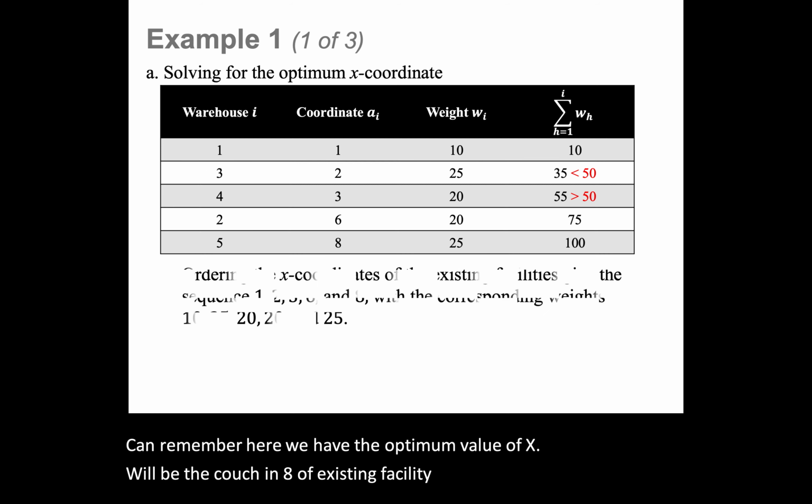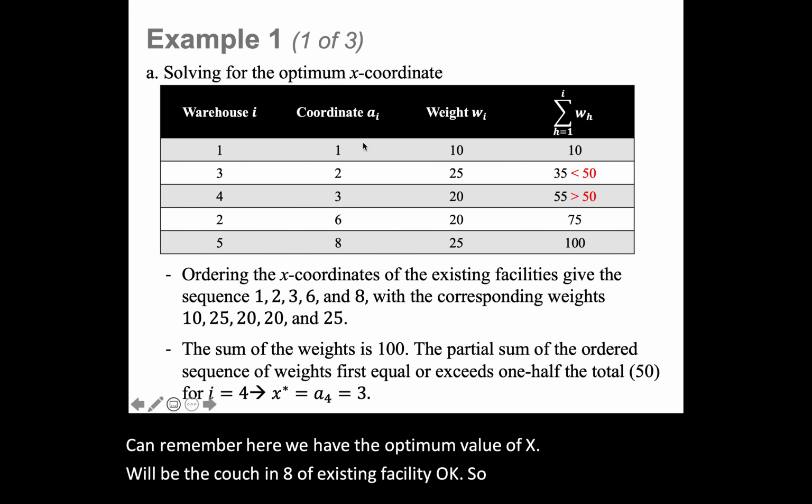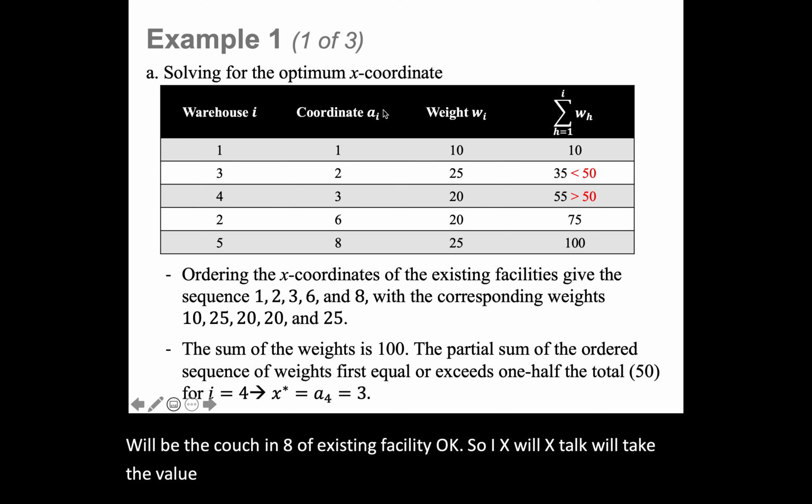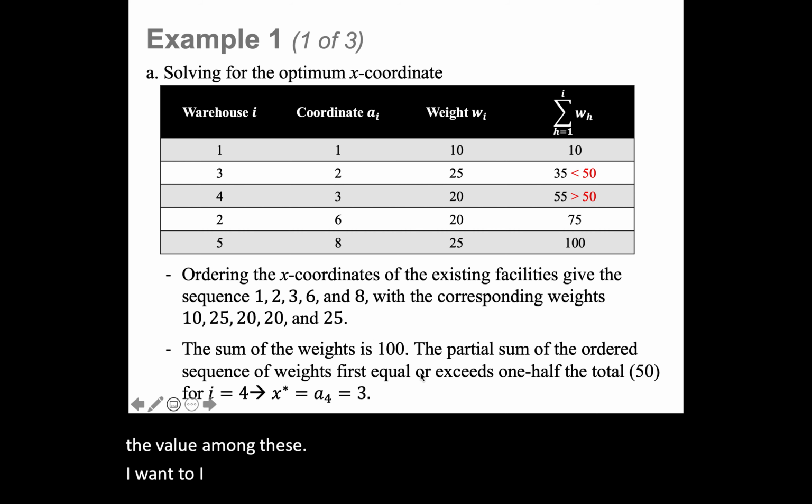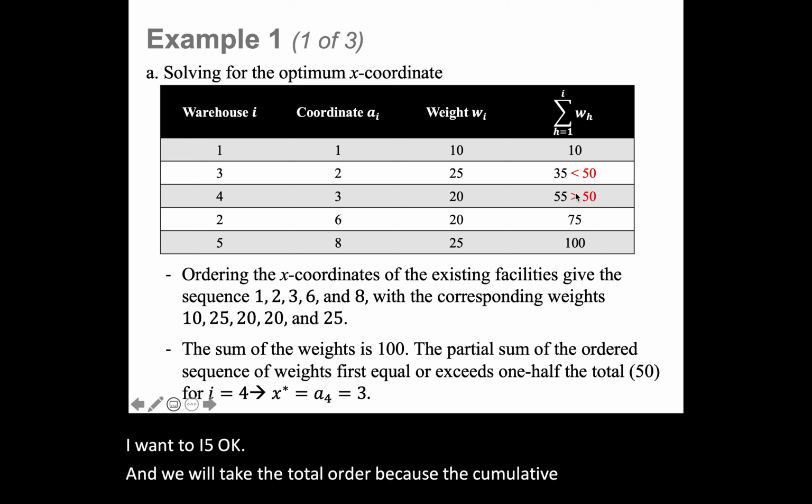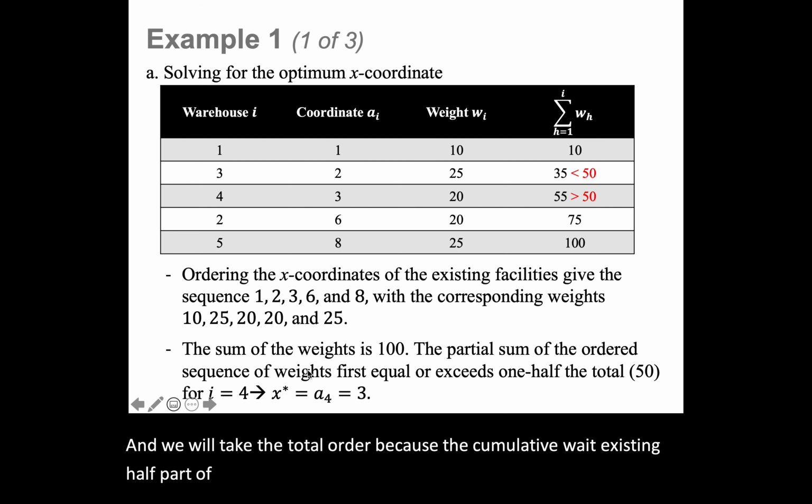Okay, so x star will take the value among these a1 to a5, okay, and we will take the third order because the cumulative weight exceeds half of the total weight.